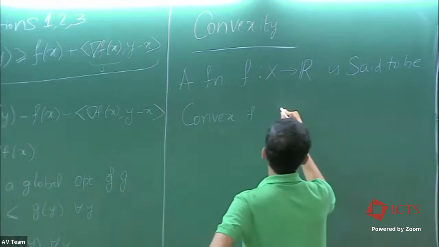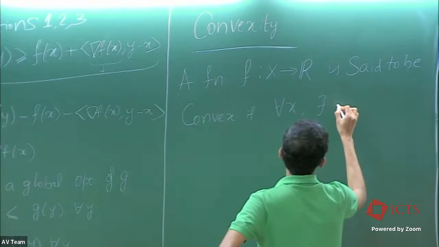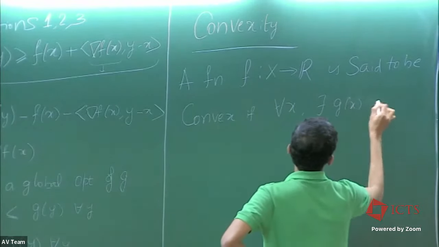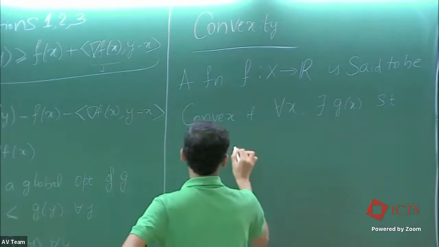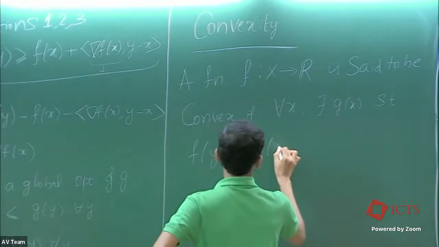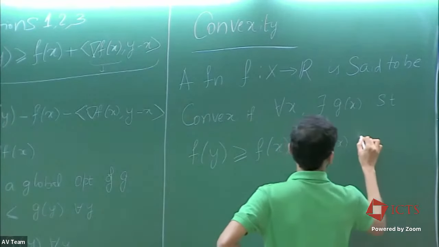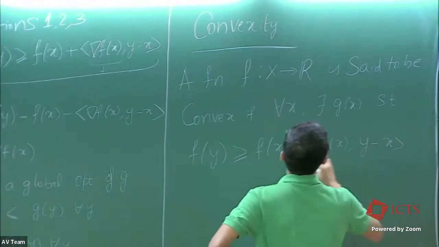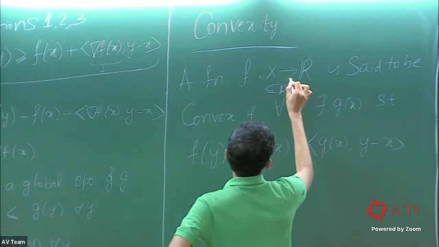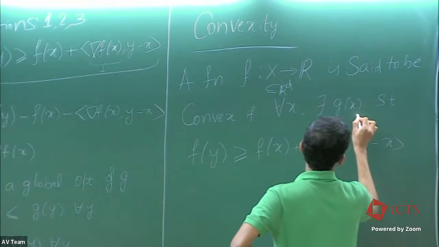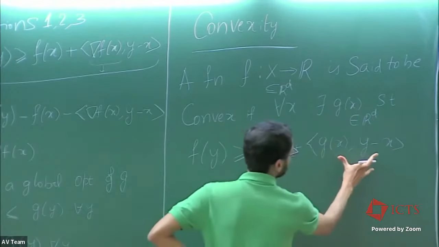if for every x there exists some vector, let's call it g of x, such that, let's say this x is contained in some d-dimensional space, then this g is also contained in d-dimensional space, and this is the inner product between these two things.